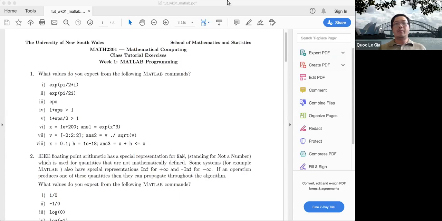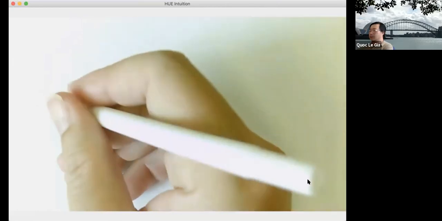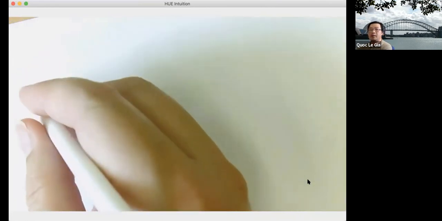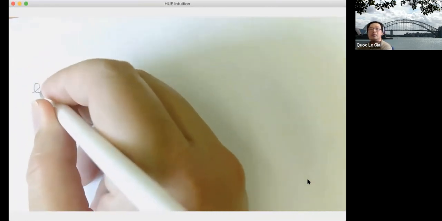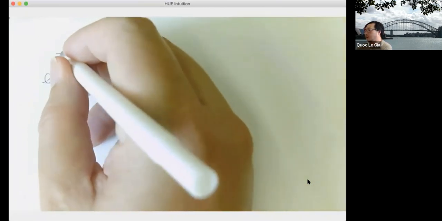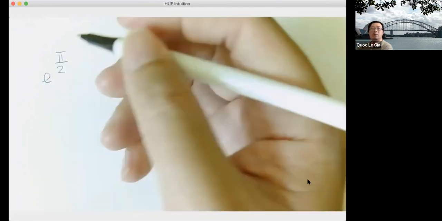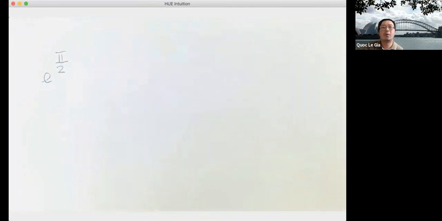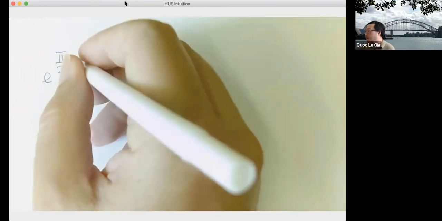So let me share the piece of paper. So suppose you have the first command is, you can see my paper, yeah? The first command is just e to the pi over 2i, right?